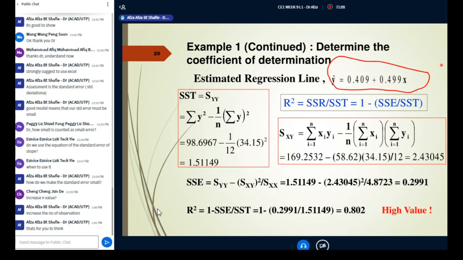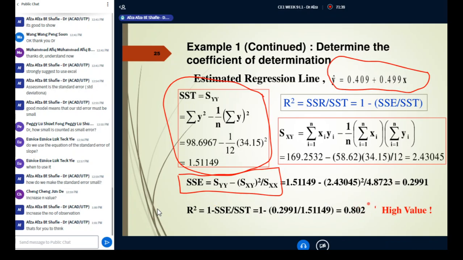To calculate the R squared, we need SSR over SST, or 1 minus SSE over SST. So this is the formula for your SST, and the formula for the SSE, which we calculated earlier when calculating the standard error. So put in all the values.